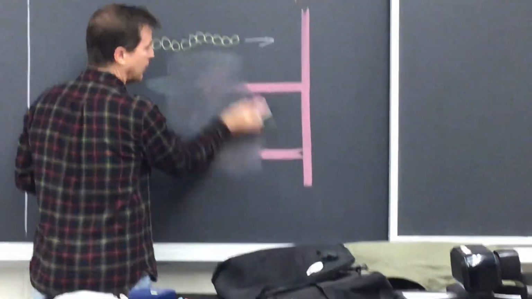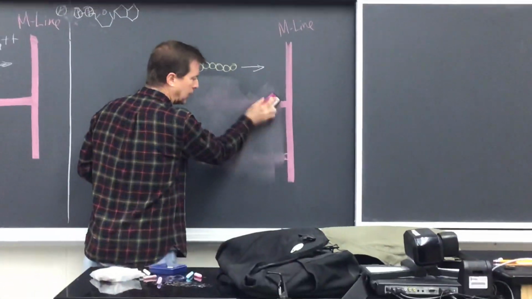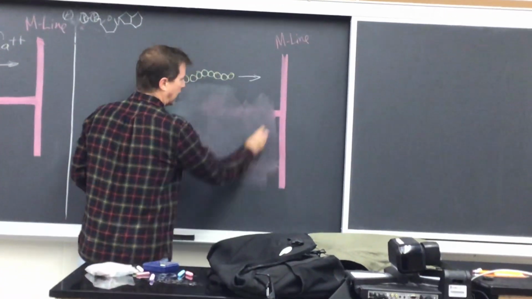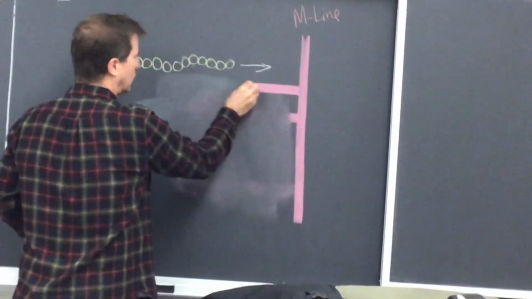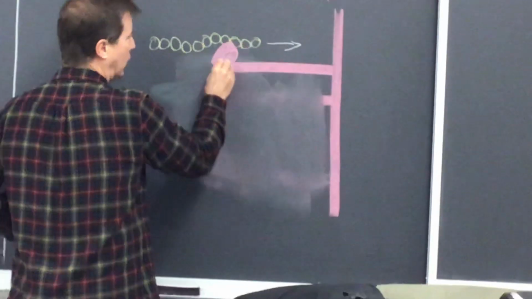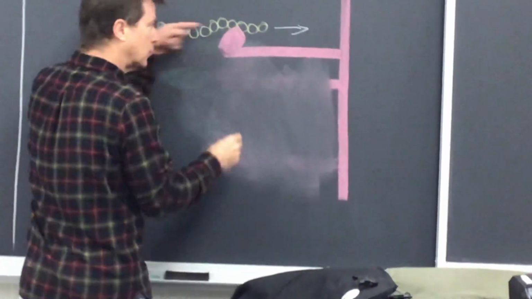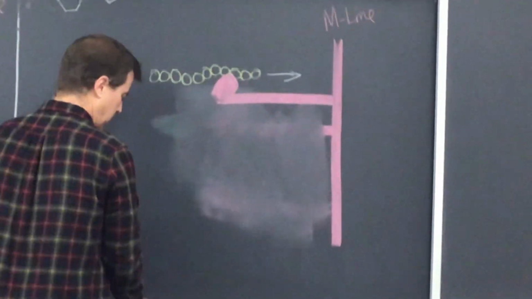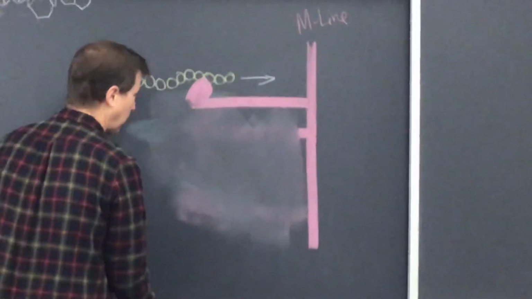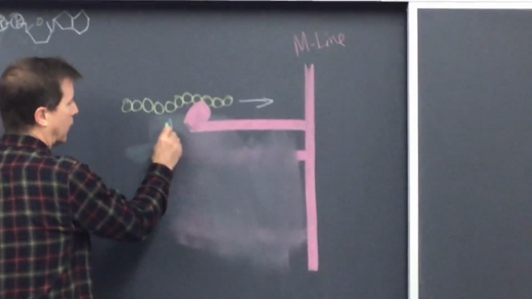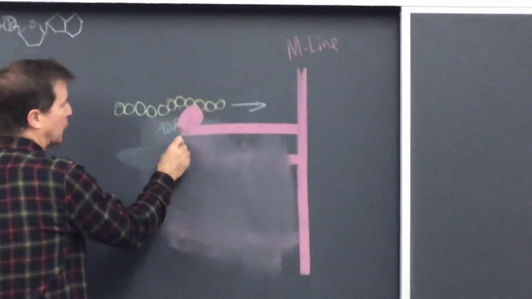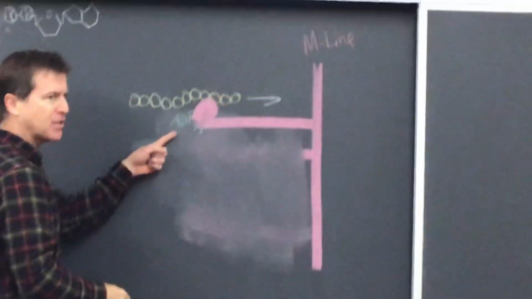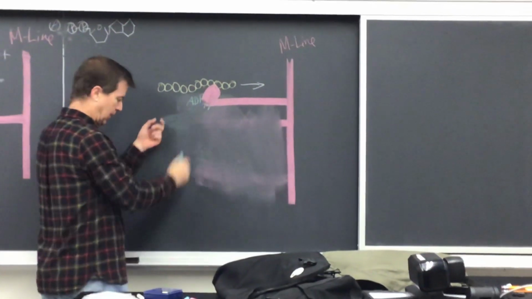We've gone through, given myosin energy by cleaving the ATP. I'm going to draw a myosin molecule up here. It has pulled the actin molecule toward the end line. ADP plus P are still attached when it pulls.